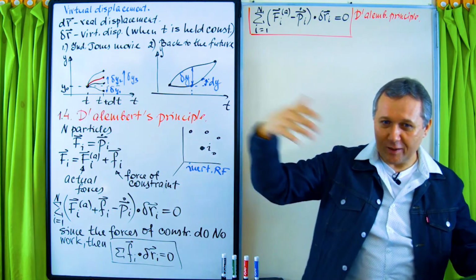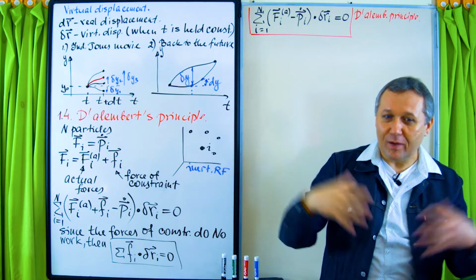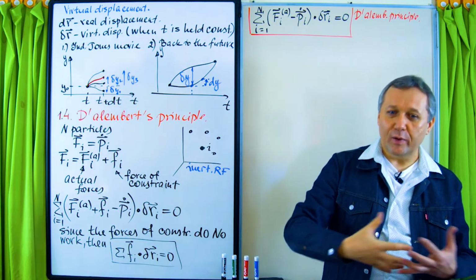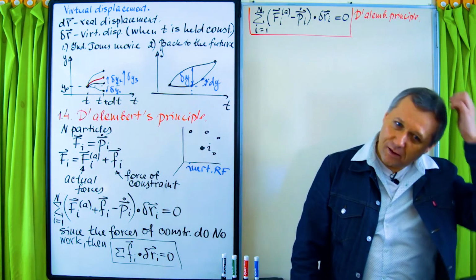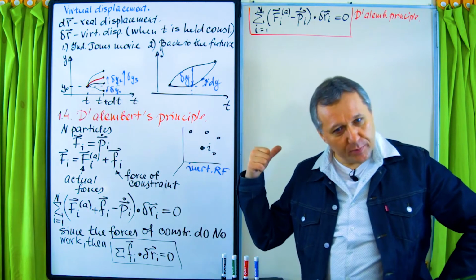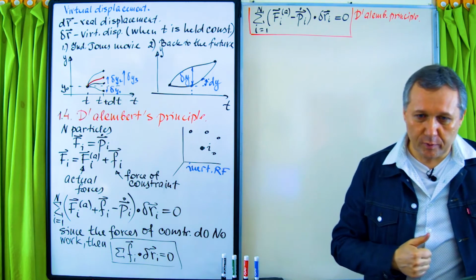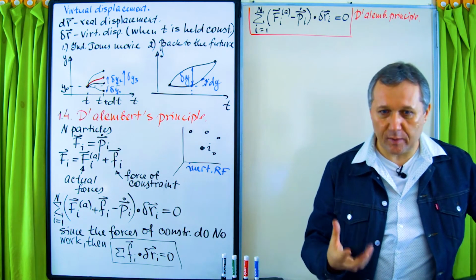So we're getting the equation of motion from basically the instantaneous state of the system, but in Hamilton's principle, we're getting the equation of motion from the whole lifespan of the system, right? So differential principle, and Hamilton's principle will be integral. So that's the major difference between D'Alembert's and Hamilton's.